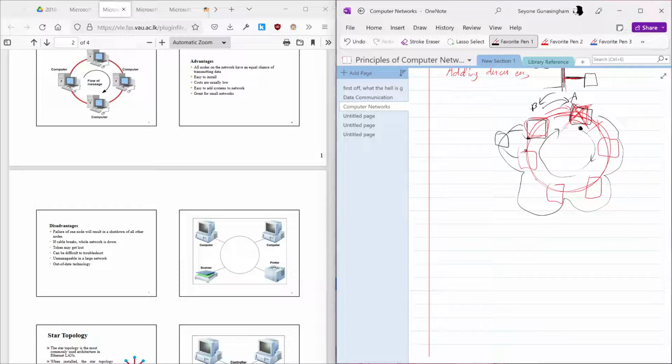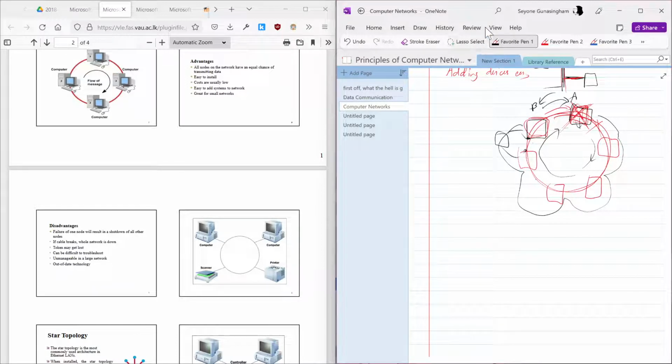Whoever has the token at any moment can add some data onto it, and the token with the data is passed along until it reaches its destination, delivers the data, and then goes on and on. But imagine if that token just suddenly goes boop.